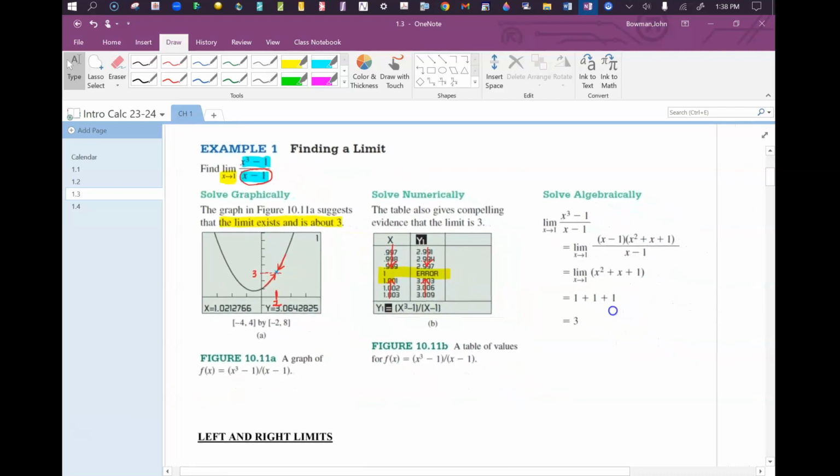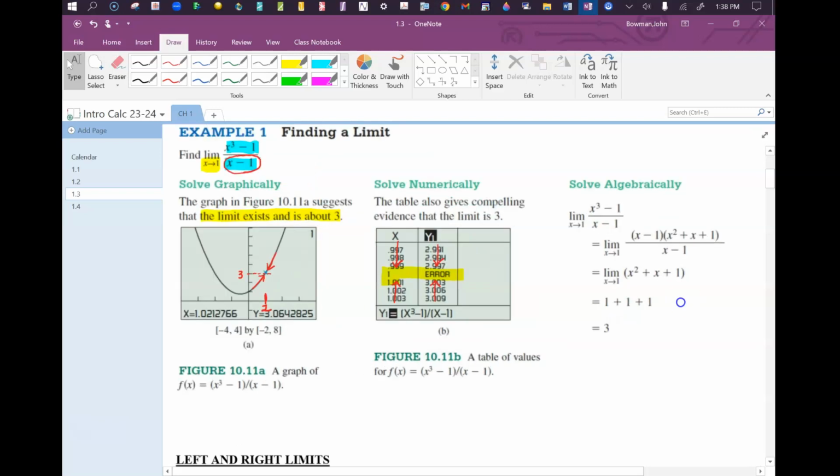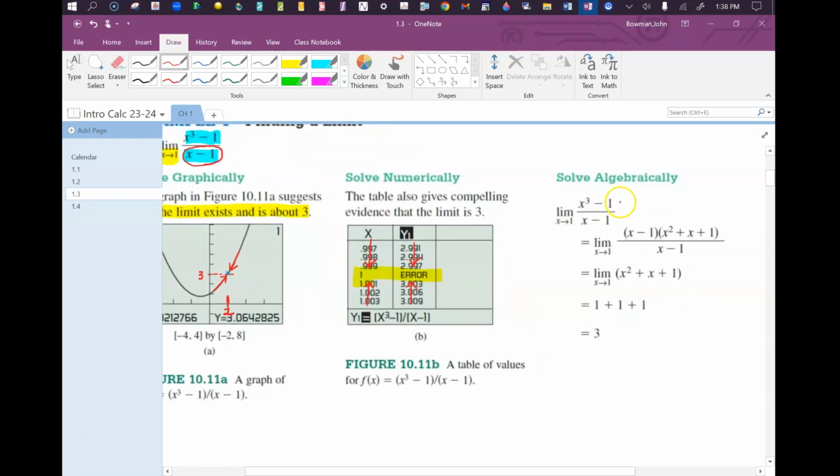If you approach this one algebraically, basically what you would do is factor this cubic in the numerator, and it factors into x minus 1 times x squared plus x plus 1, over x minus 1, and algebraically these two cancel out, and one of the rules of limits is try substitution.